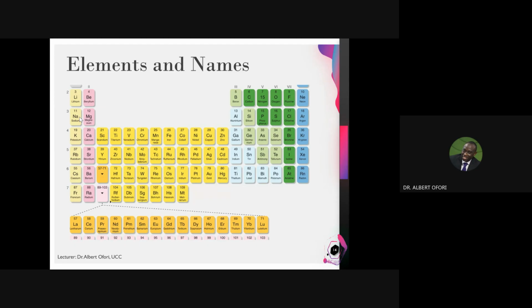Now we can talk of the metallic properties and then the non-metallic properties. I've mentioned that as we move across from left to right, we are decreasing the metallic properties. Right to left, we are increasing the metallic properties.